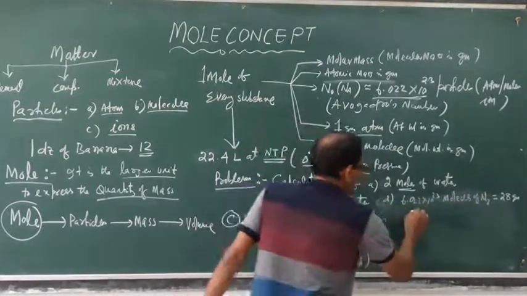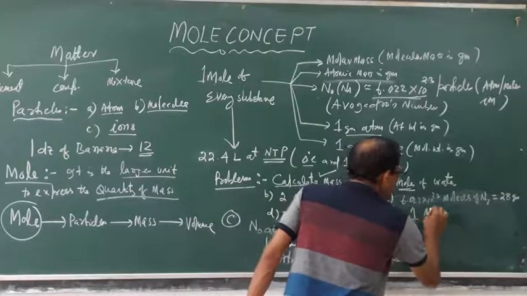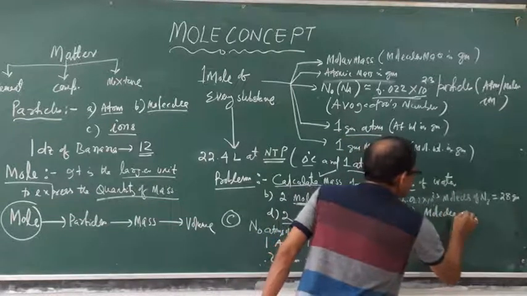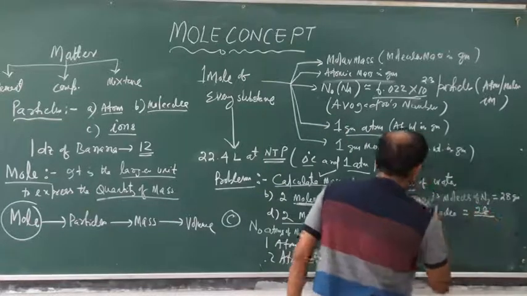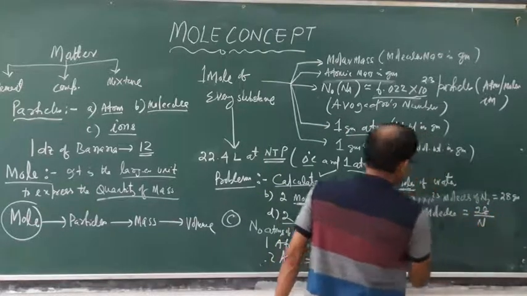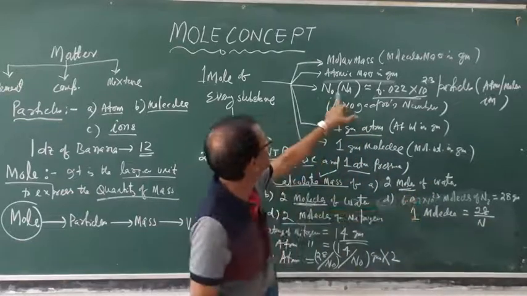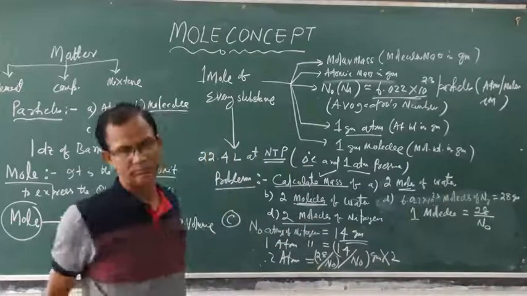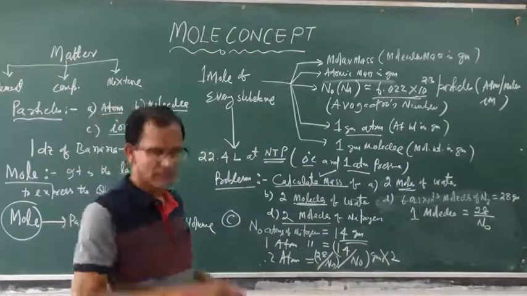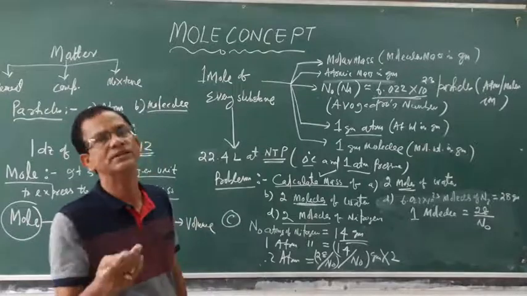So one molecule will be 28 by, what is this value? This value's symbol is N0. Use N0. N0 is the symbol, that is Avogadro's number. The large number is taken as N0.